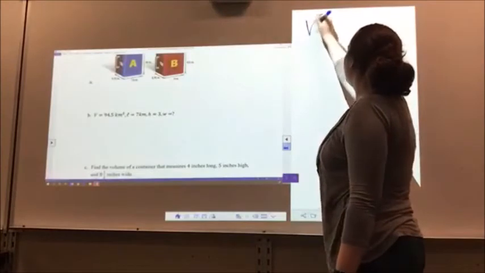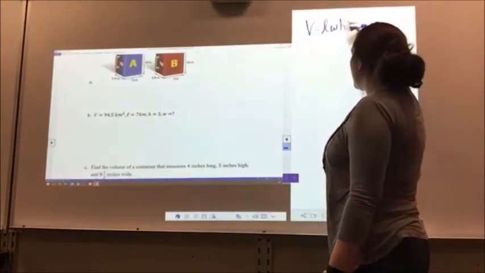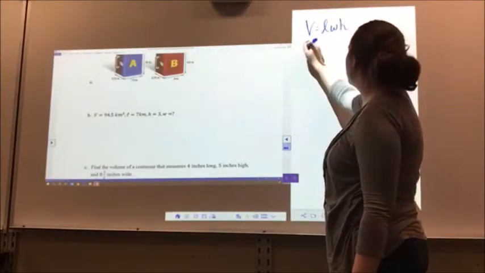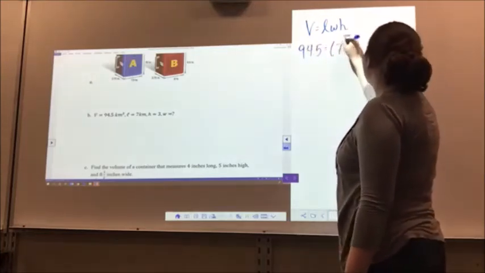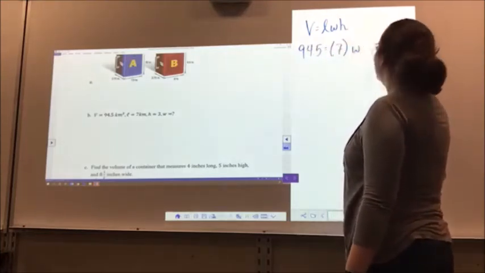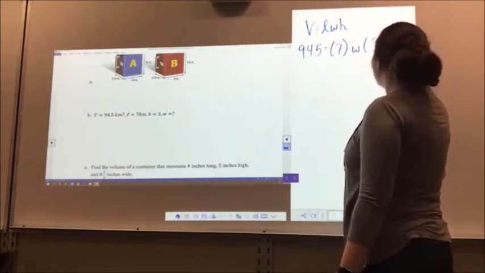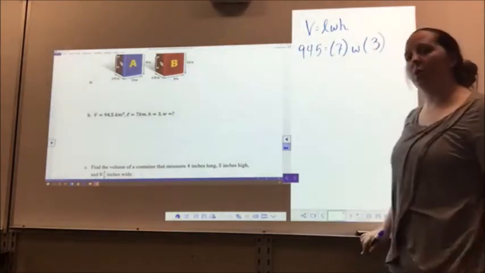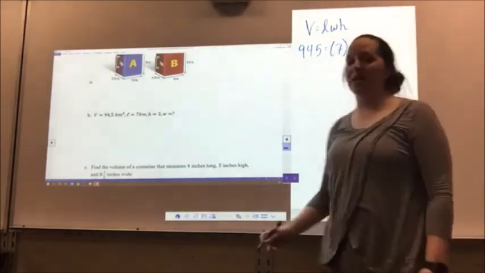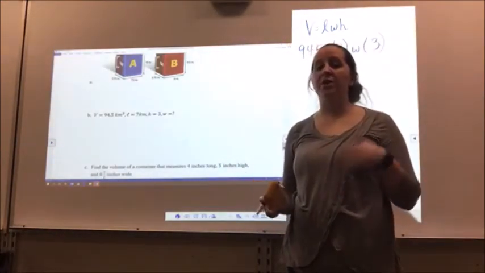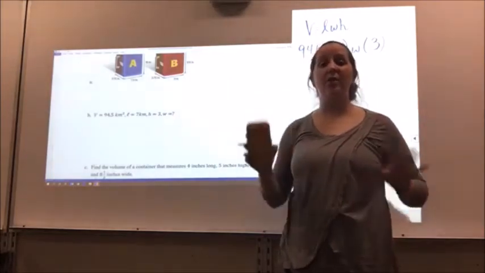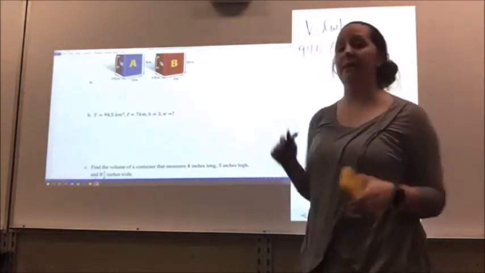So my formula, V equals LWH. So my volume I was given as 94.5. My L is 7. W was not given, and my height is 3. It doesn't matter what order you multiply these numbers in. Commutative property of multiplication says I can multiply in whatever order that I want to. Okay, and I'll get the same answer.